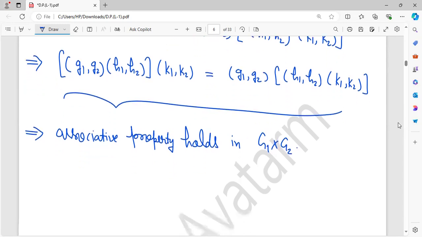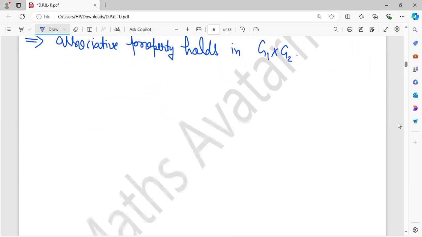So closure property holds in G1 cross G2, existence of identity is there, existence of inverse is there, and associative property holds. Okay.